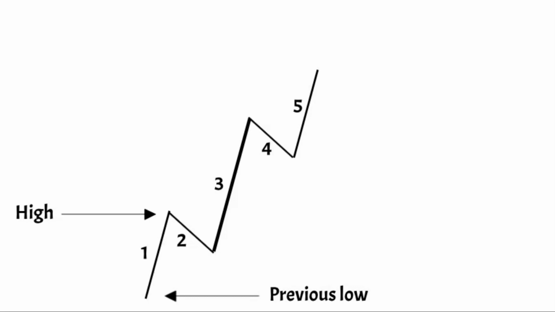Now, wave 1, wave 3, and wave 5 are trendy moves where price goes purposely in the direction of the overall trend. Separating these trendy moves are 2 counter trend moves, which are wave 2 and wave 4. They provide the chance for the market to recharge for the next trendy move.